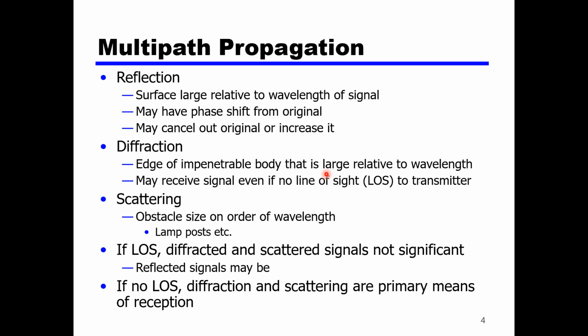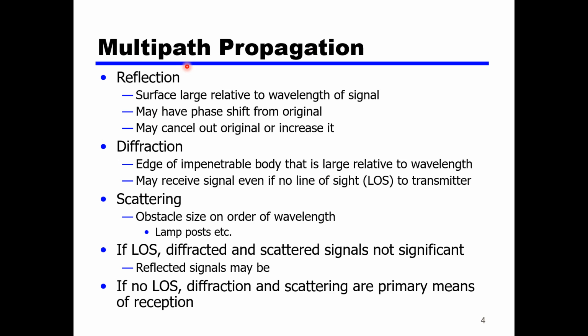This signal propagation will be in some form, that is in a line of sight propagation, or maybe there is some high rise building or some objects in the line of sight propagation path. Then that signal will be reflected from that object, and it will go in a multipath direction. So this is the reflection.